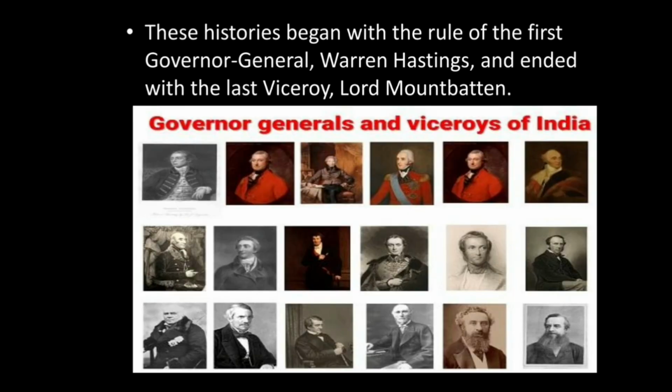These historians began with the rule of the first Governor General Warren Hastings and ended with the last Viceroy Lord Mountbatten. So, according to the British historians, according to their description of history, their important dates begin with the ruling of Governor General Warren Hastings in India and end with the last Viceroy of India, Lord Mountbatten.